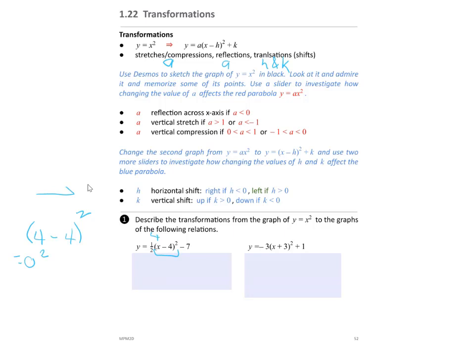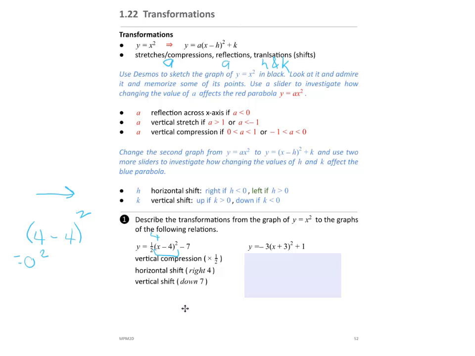That means it's going to shift right, like I drew the arrow. It's going to shift right 4 units, and then negative 7 here shows us that it's going to shift down 7 units. So let's reveal: vertical compression by a factor of 1/2. It's a horizontal shift right 4 units, and it's a vertical shift down 7 units.